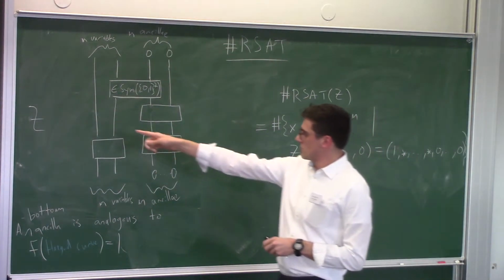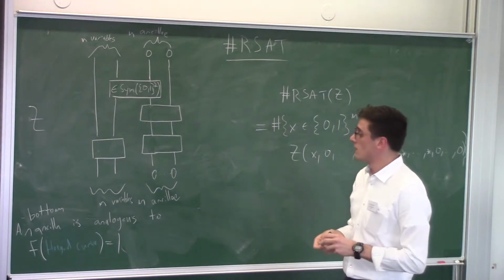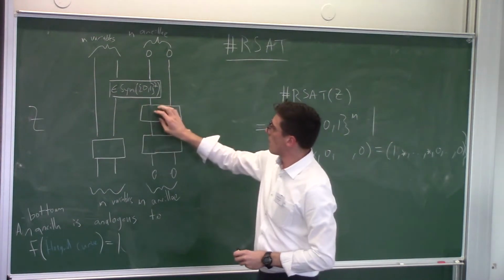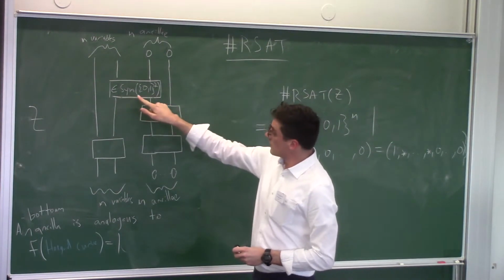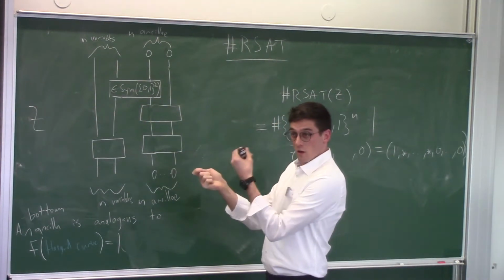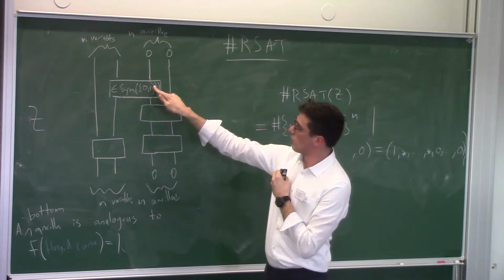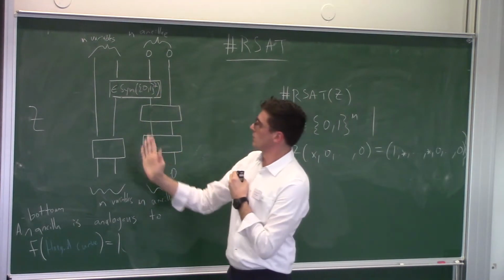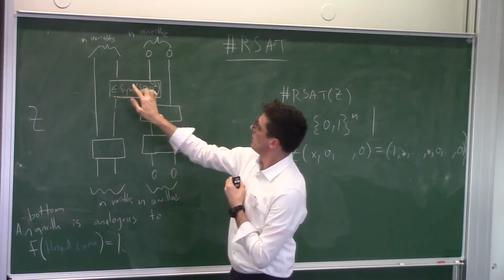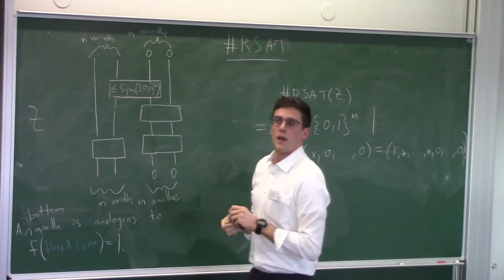Now you're given a circuit Z, and you don't have AND gates and OR gates and NOT gates. You have a different type of gate. All of these black boxes, each one of them is some element of the symmetric group on pairs of values 0 and 1. So you have the symmetric group on {0,1} squared. You're feeding in a 0 or 1 on this side and a 0 or 1 from this side, and you have some permutation. It outputs a 0 or 1 here and a 0 or 1 here. And this is a bijection.